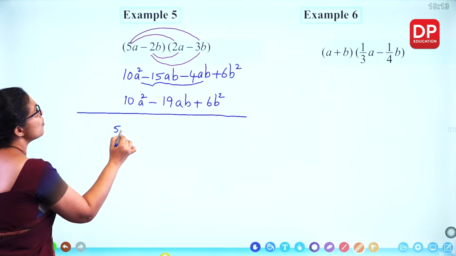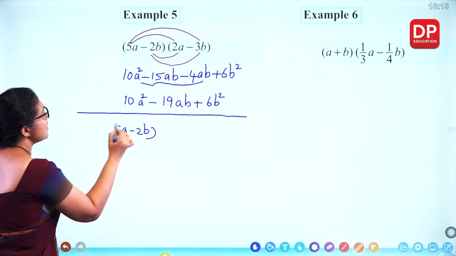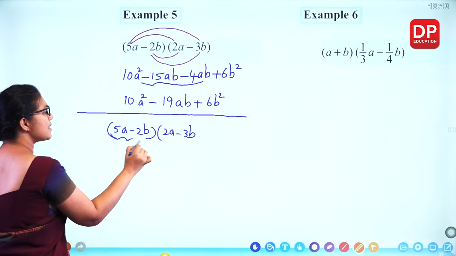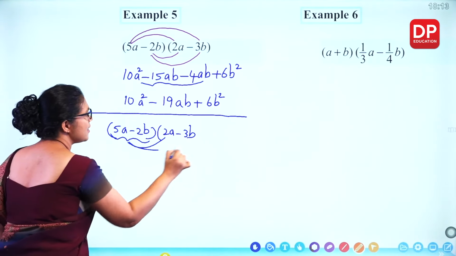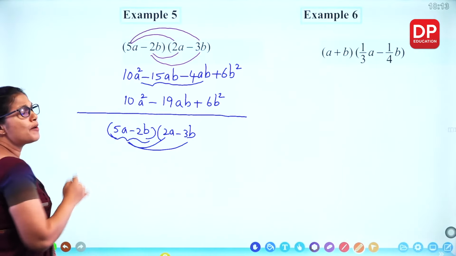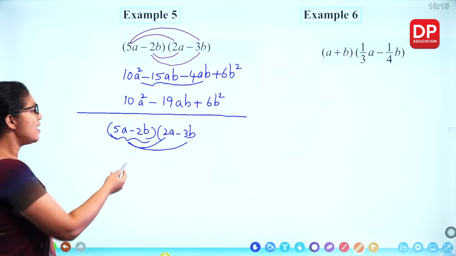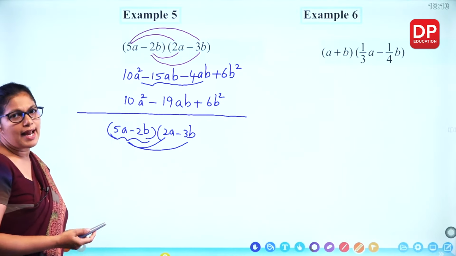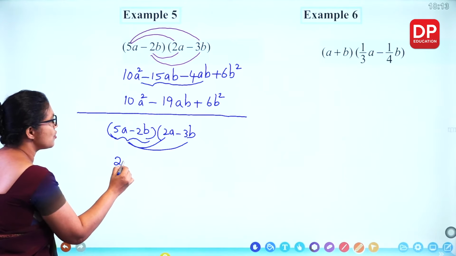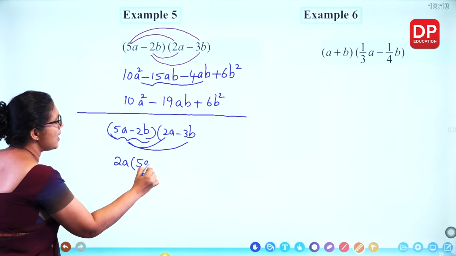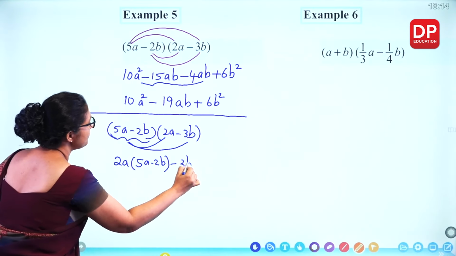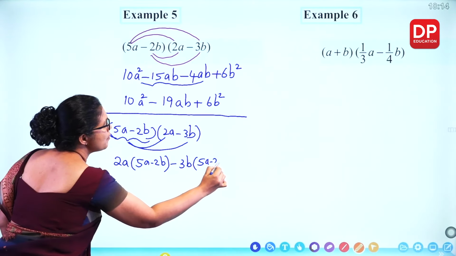If you have two expressions like this, you can take this as 1 and multiply with the other two. That's your previous method. So here, if you are not familiar with this rainbow method, you can write separately and expand brackets. So you can write 2a with 5a minus 2b, minus 3b with 5a minus 2b.